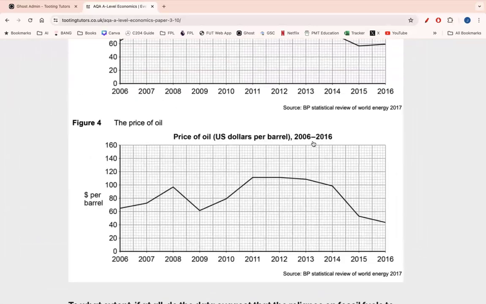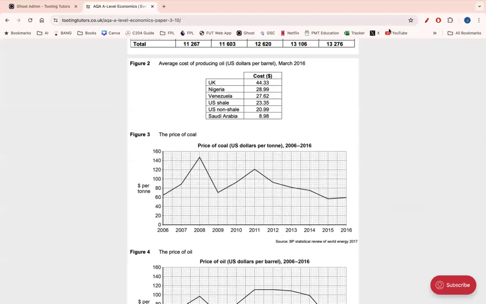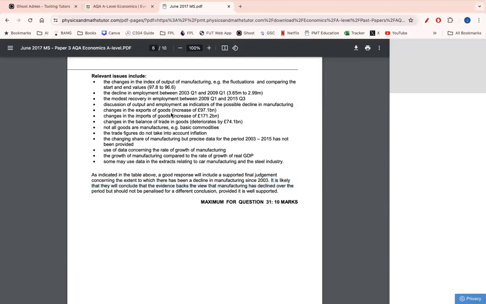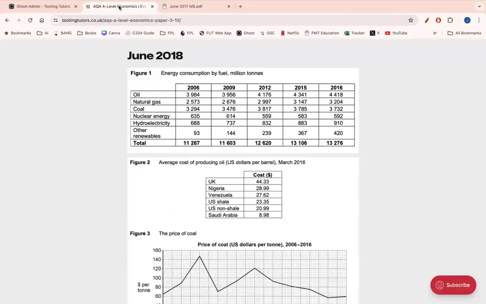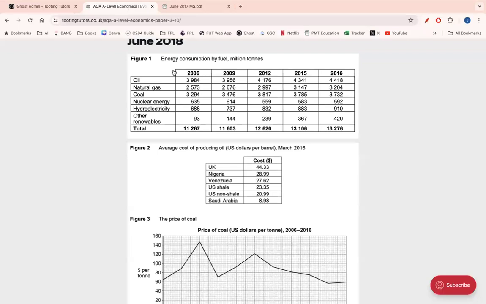Again, there is no single right or wrong answer. Like the manufacturing question said, it's likely that you'll conclude that manufacturing has declined, whereas the oil question, it's more about the last line, that you can say different conclusions as long as it's well supported.